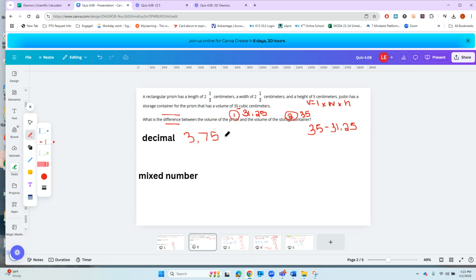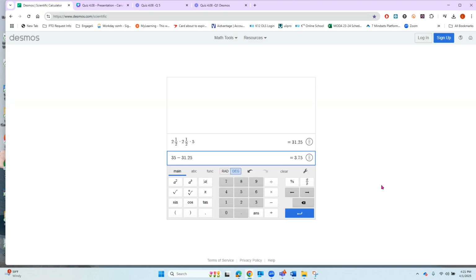Now I know by memory that 75/100 is 3/4. But let's say I didn't know that from memory. The Desmos calculator can change that into a fraction, and that's what that fraction would look like.